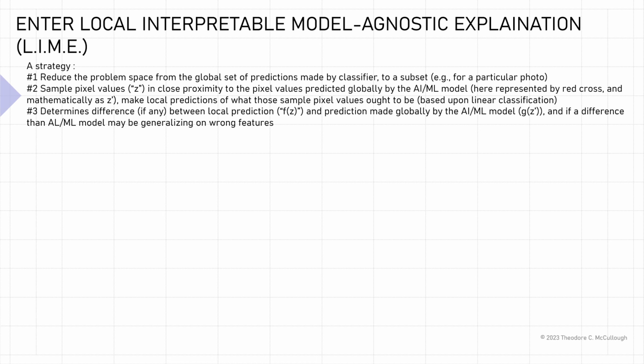And then you sample basically pixel values that are close in proximity to the pixel values predicted by the AI/ML model on a global level. And then you basically determine the difference between the local predictions and the global predictions made by the AI/ML model. And if there's a large difference, then you can come to the conclusion that the AI/ML model may be generalizing on the wrong features.